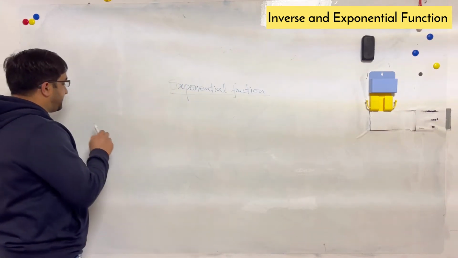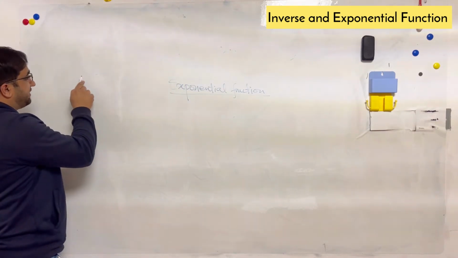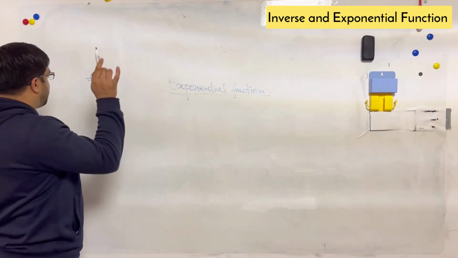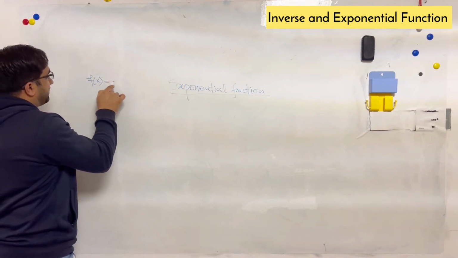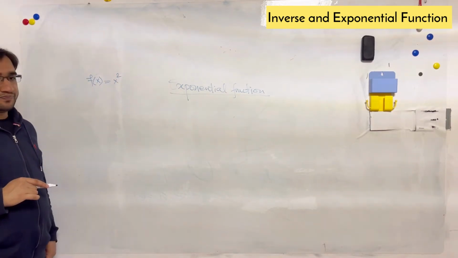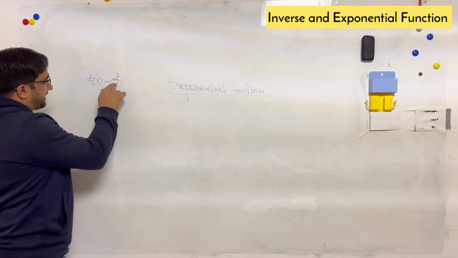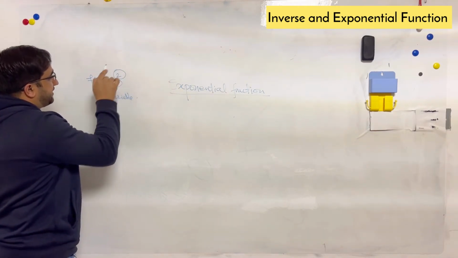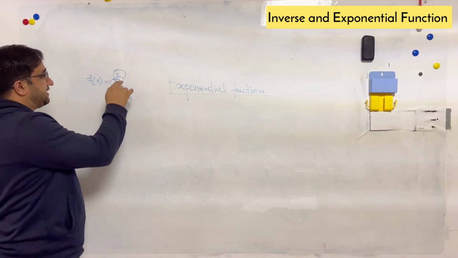You know, in simple functions, for example, since we started this chapter with the parabola, let's talk about the same parabola. In the parabola, we have the function x raised to the power 2. So we always know that x is a variable, and this power is a constant, a real number.